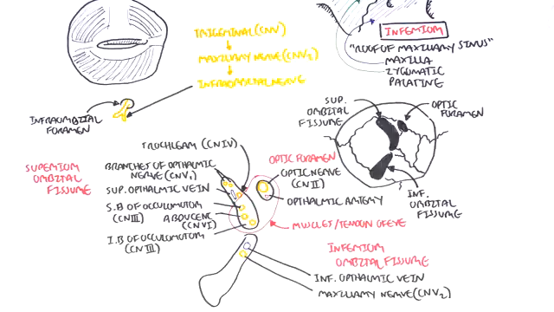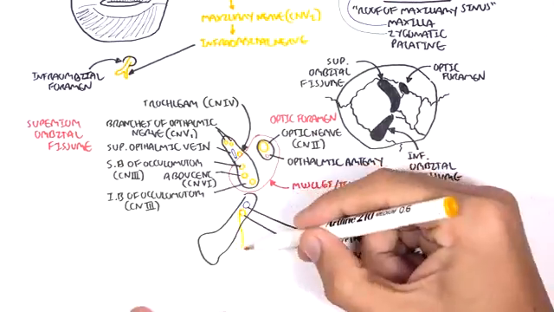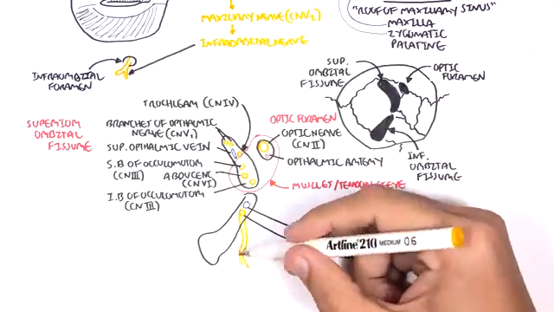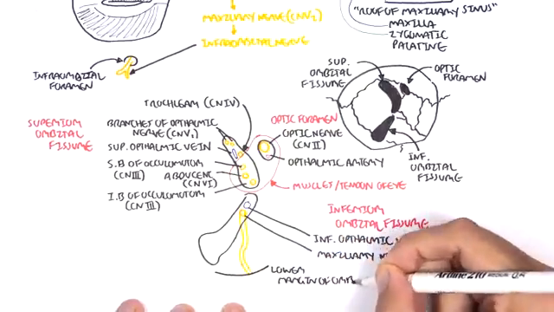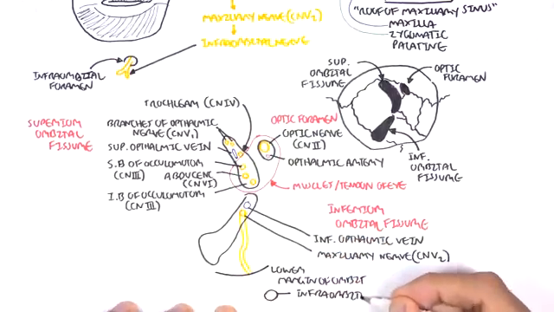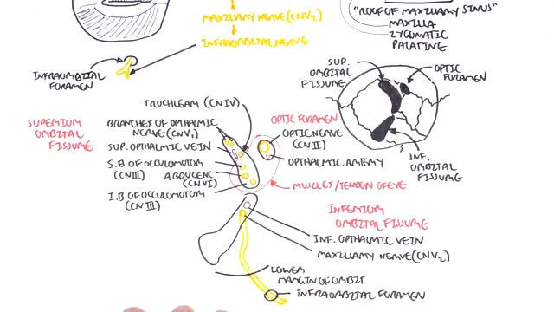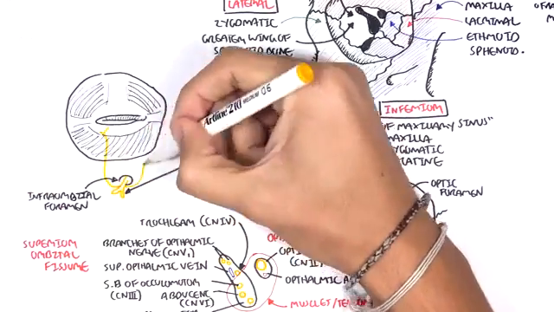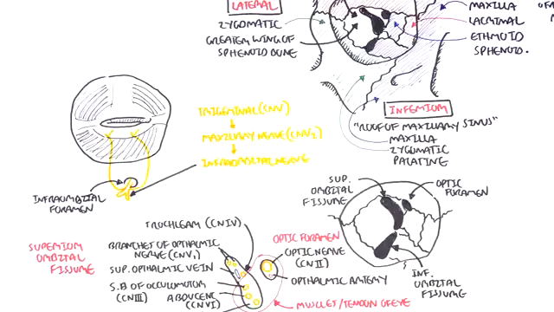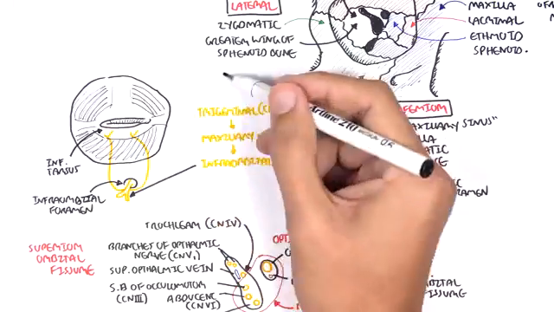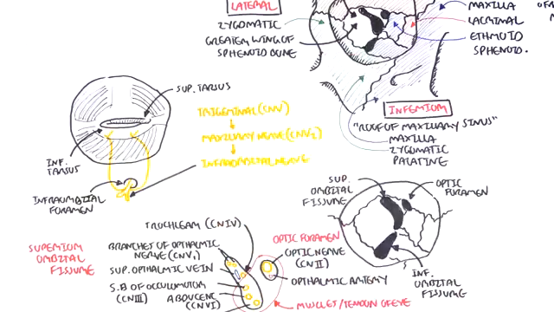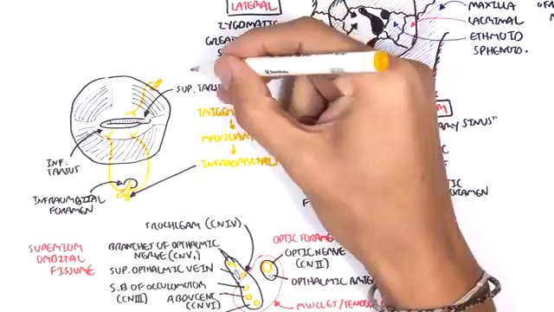So if you remember the inferior orbital fissure here, we have a maxillary nerve off the trigeminal, which passes the lower margin of the orbit and exits through the infraorbital foramen and becomes the infraorbital nerve. The infraorbital nerve supplies the inferior tarsus muscles, which are the muscles of the eyelid. The superior tarsus is supplied by branches of the supratrochlear nerve.